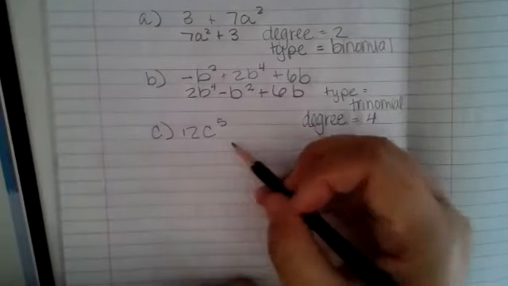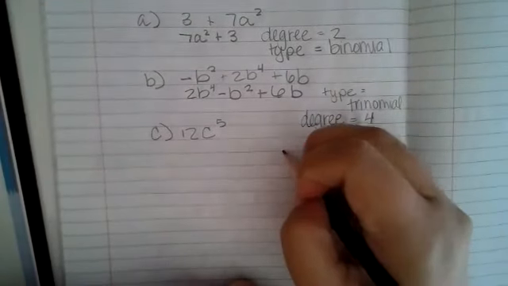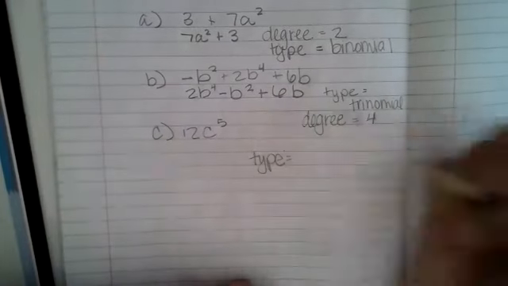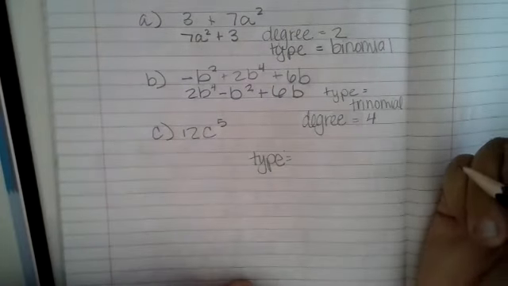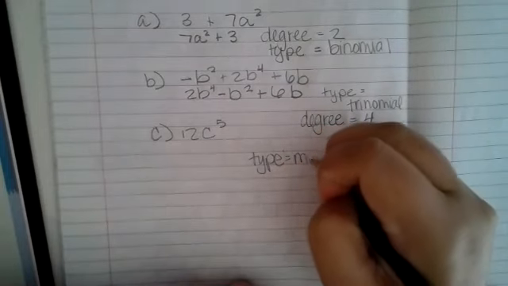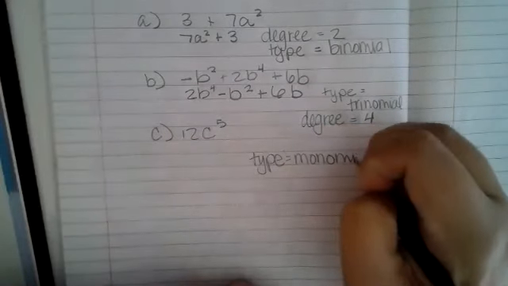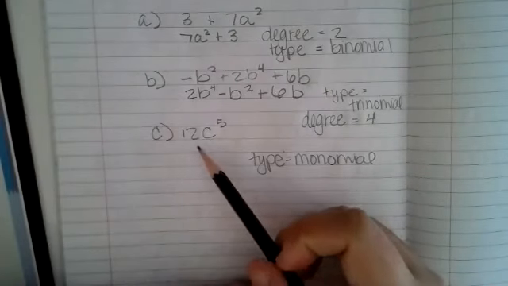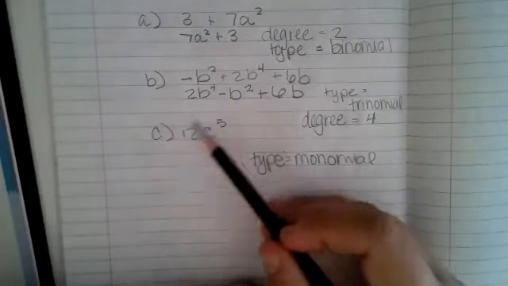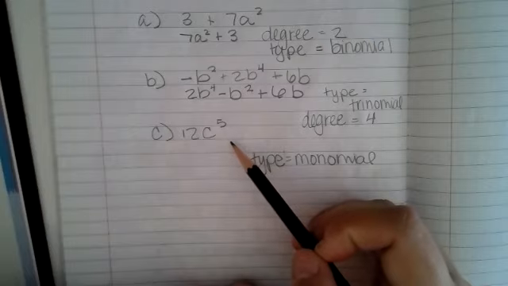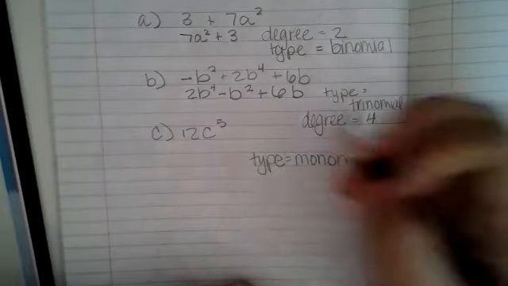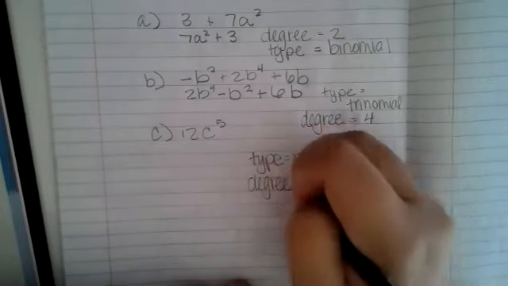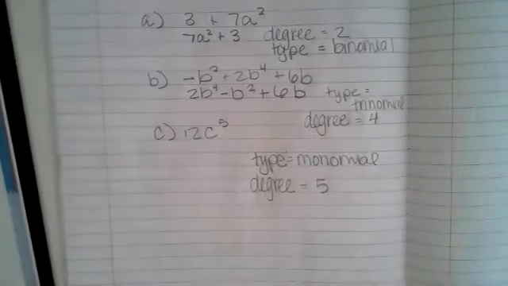Okay, down here, my type is going to be a monomial. It's already written in standard form, so I don't need to rewrite it. And then my degree here is 5.